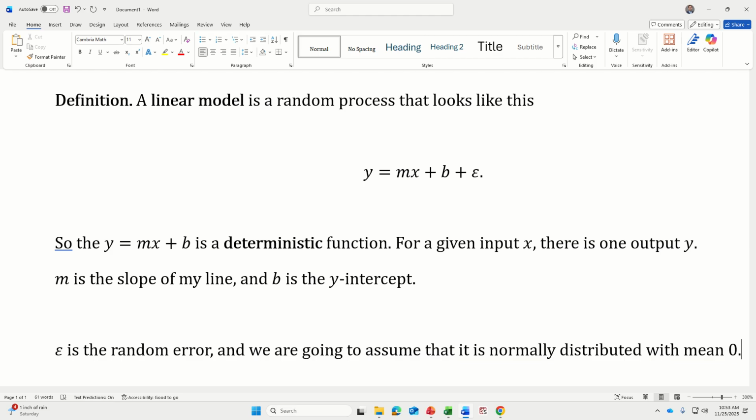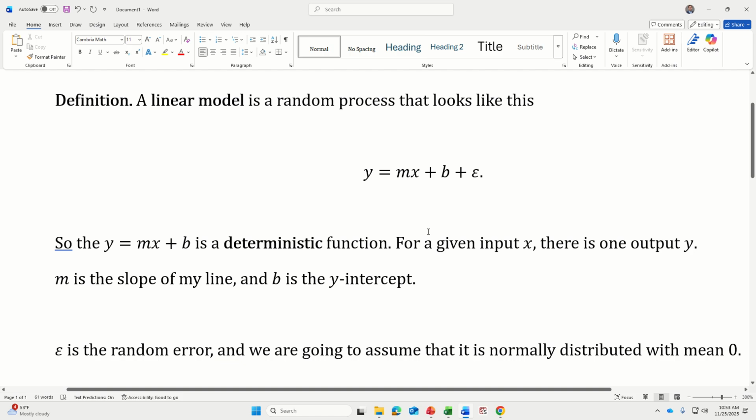We're not going to make any assumption about what the standard deviation of that distribution is going to be, but we're going to assume that there's a little bit of random error, a little bit of noise here, and it's normally distributed. The mean is 0, so the expected value is 0 for the error, but there is going to be some dispersion to it. So this is going to introduce a little bit of noise into our linear model.